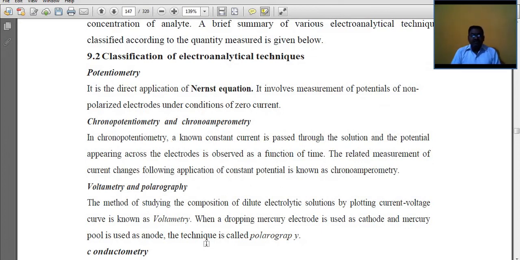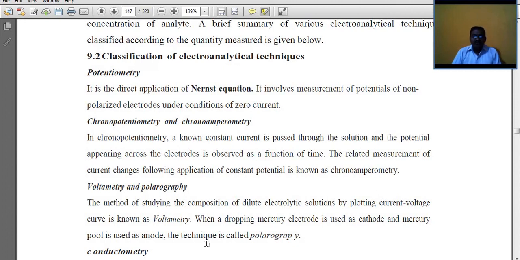Potentiometry is the direct application of the Nernst equation. It involves measurement of potentials of non-polarized electrodes under conditions of zero current.